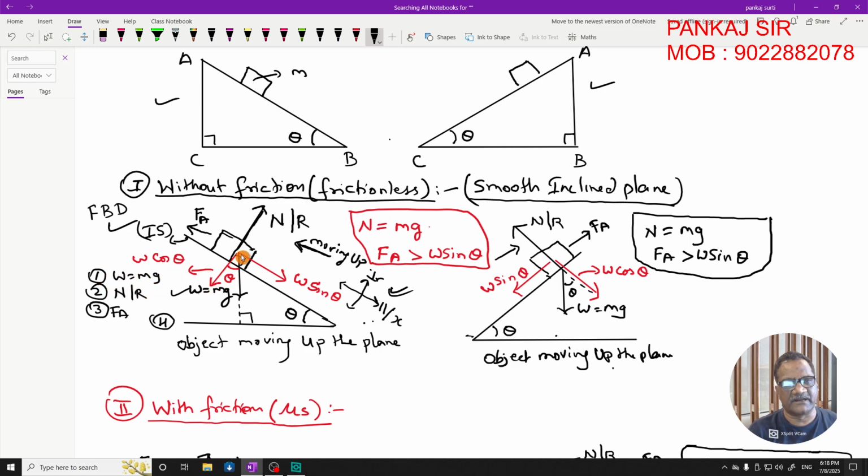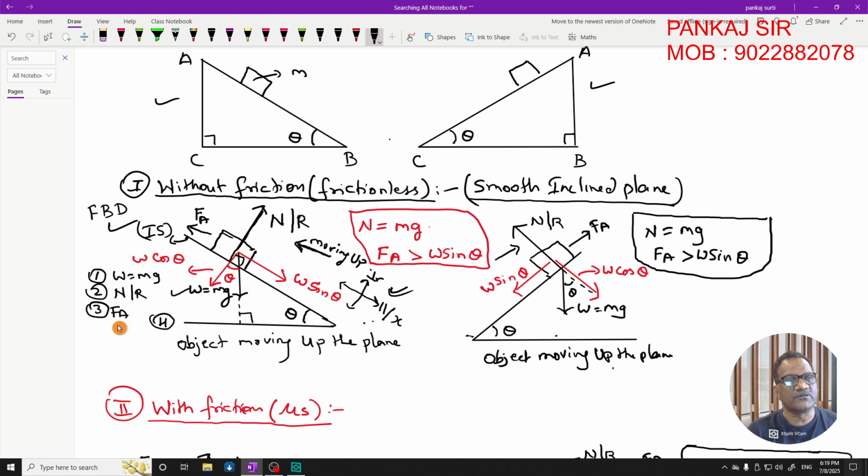It is exactly vertical. Even the normal force or the reaction force is vertical, it is not inclined. So horizontal and vertical forces are not inclined forces, but any force which is neither horizontal nor vertical will be taken as inclined.